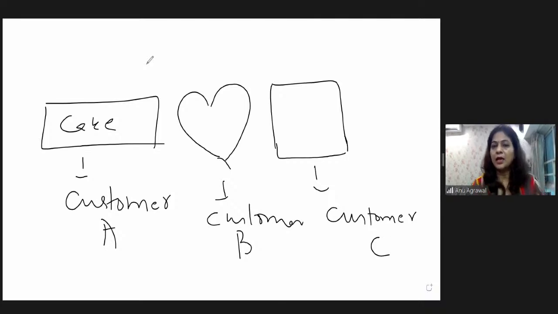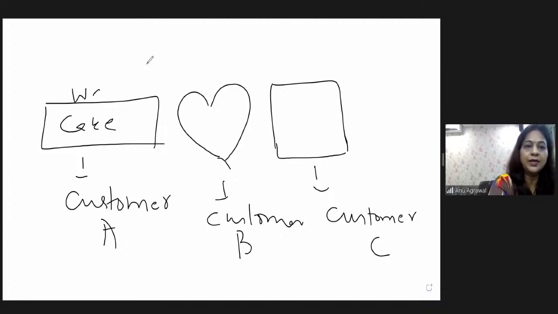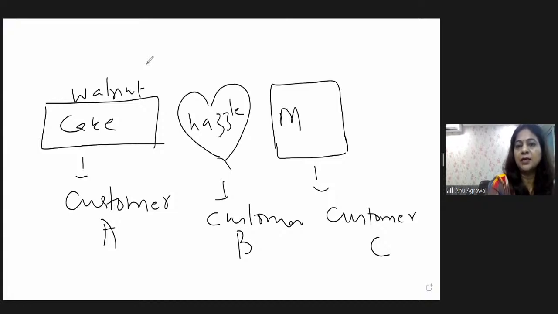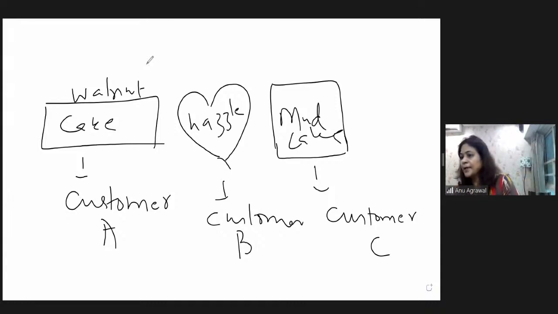Now look at it. I'm making cakes, right? This can be a walnut cake, this is a hazelnut cake, this is a mud cake. Can you look at it, Krishna? Now, I am a bakery. I make cupcakes in batches, but as per the customer, I am making these half kg or 1 kg cakes.